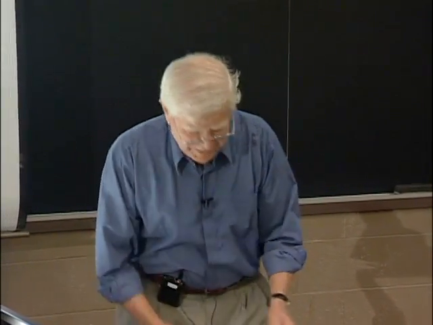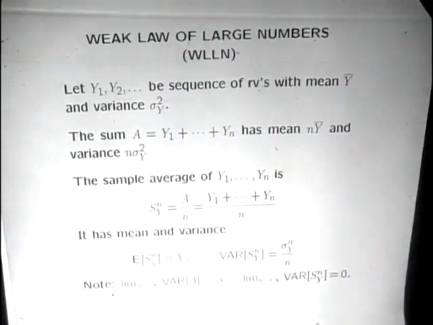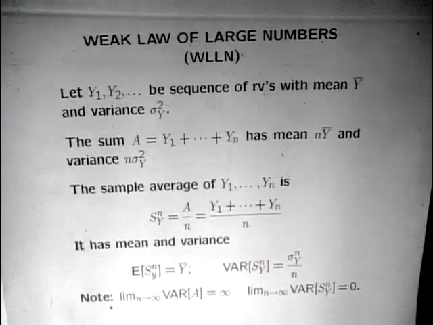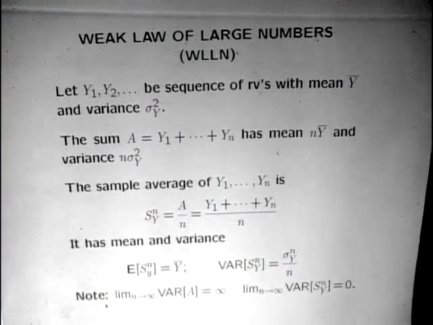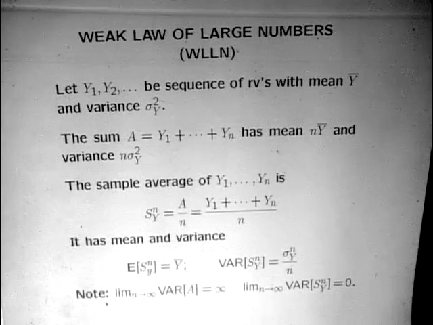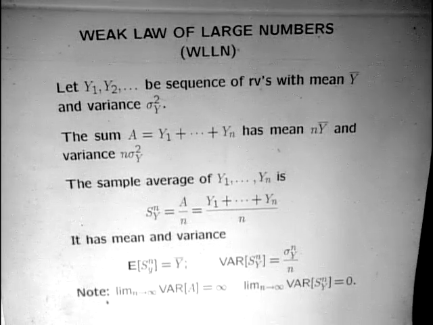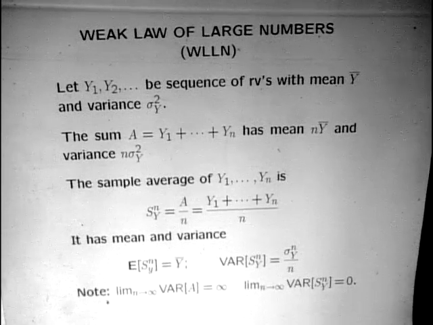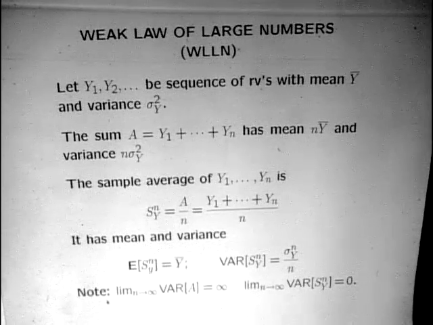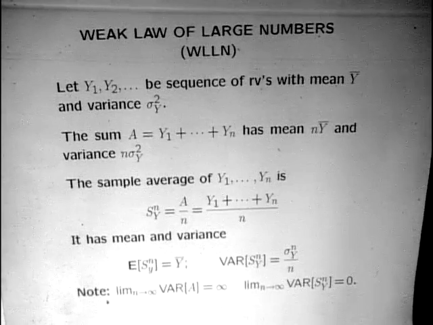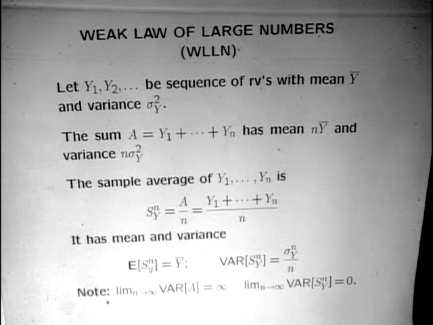Okay, so let's now review the weak law of large numbers. I usually just call it the law of large numbers. I bridle a little bit when people call it weak, because in fact it's the centerpiece of probability theory. But there is this other thing called the strong law of large numbers, which mathematicians love because it lets them look at all kinds of mathematical minutiae.